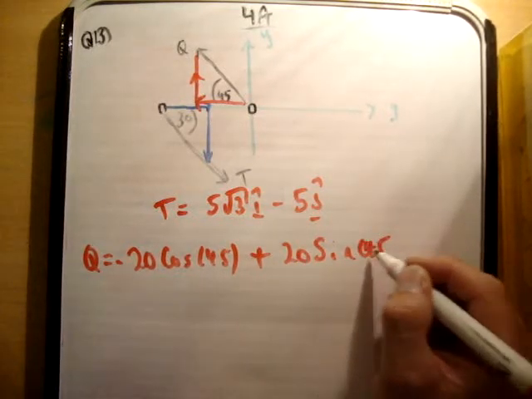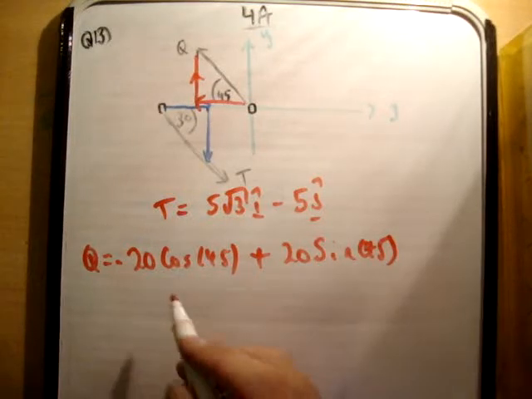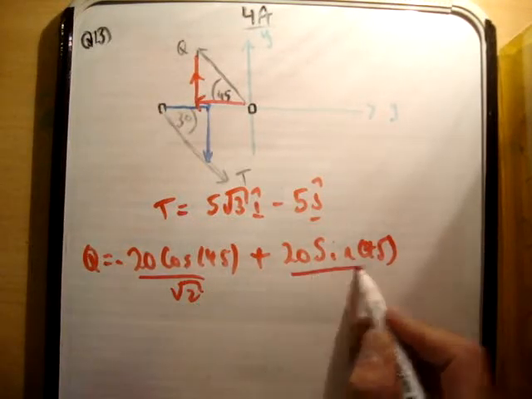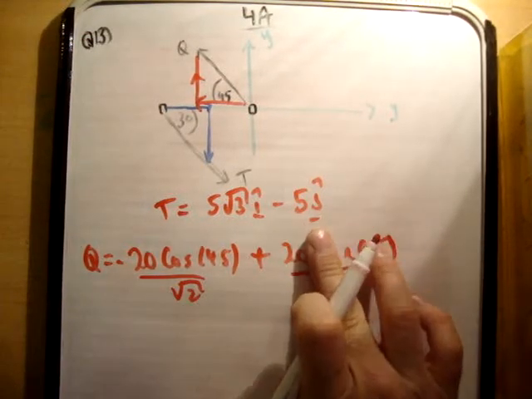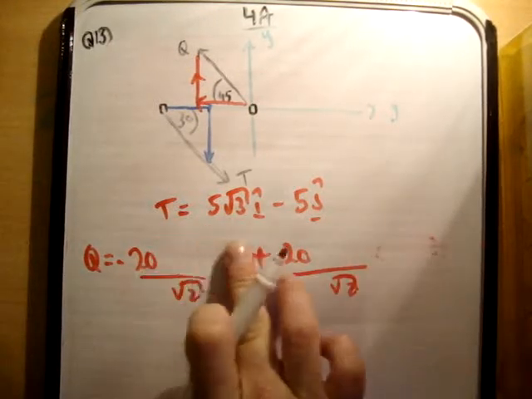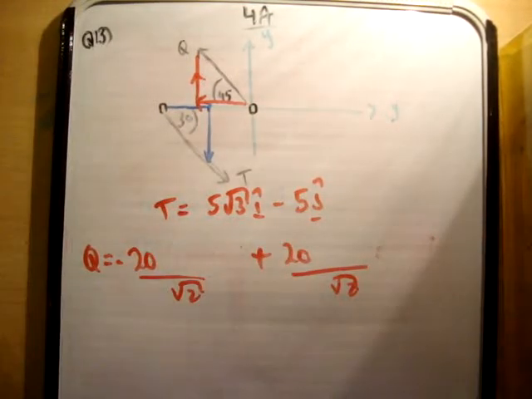But the cosine and sine of 45 are 1 over root 2. So you can do that, and that's the answer: negative 20 over root 2 i hat plus 20 over root 2 j hat.